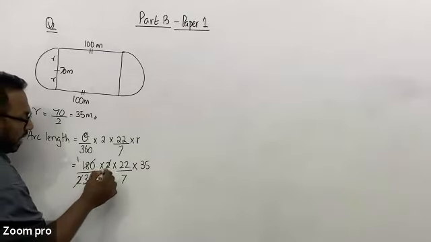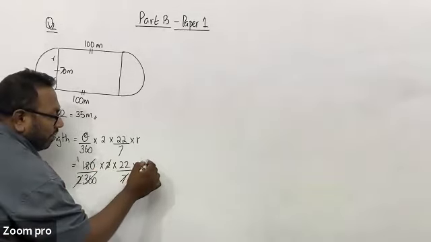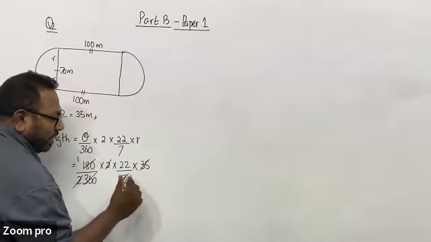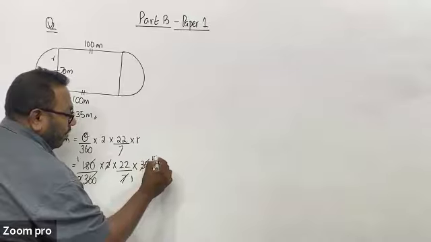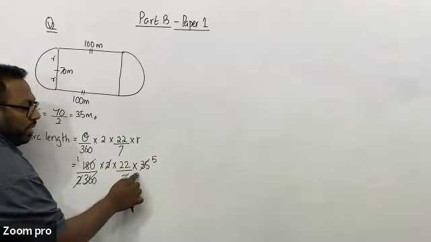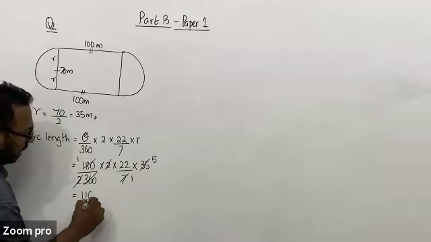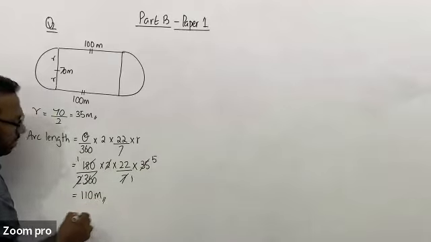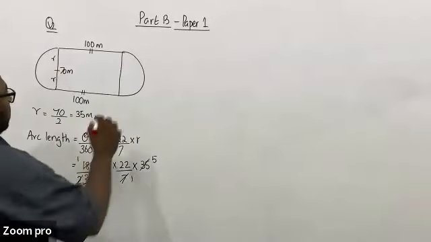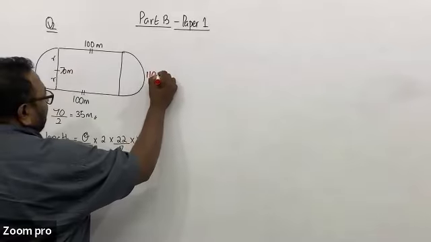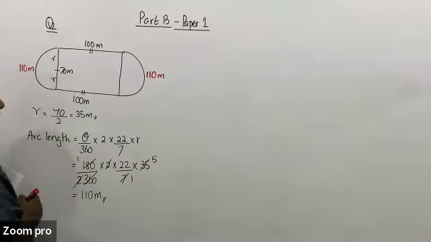So this 2 and this 2 will cancel. This 7 and this 35 we can simplify: 7 divided by 7 is 1, 35 divided by 7 is 5. 22 multiplied by 5, your arc length is 110 meters. So this is going to be 110 meters, and this is also going to be 110 meters.